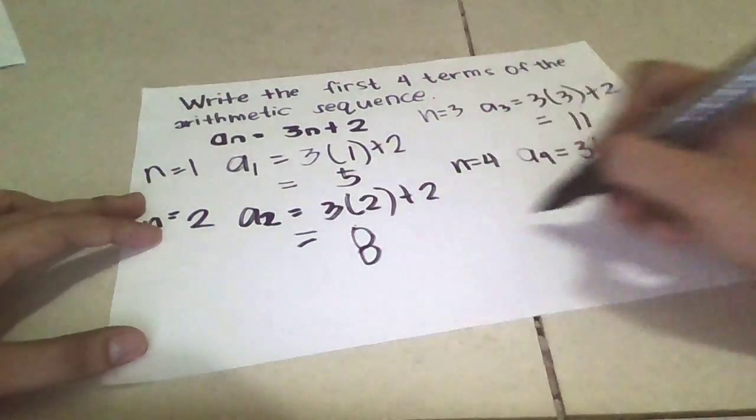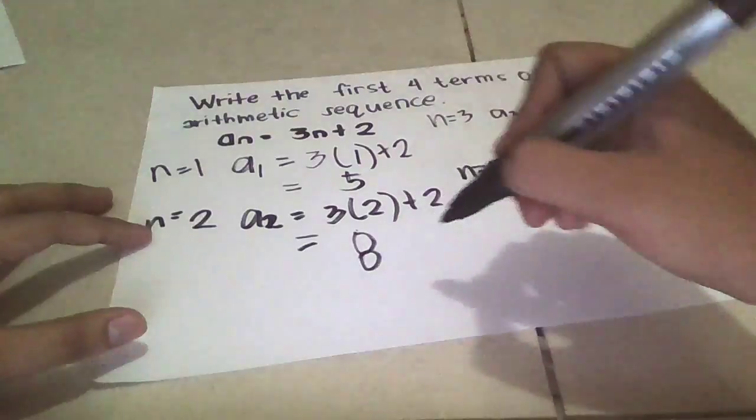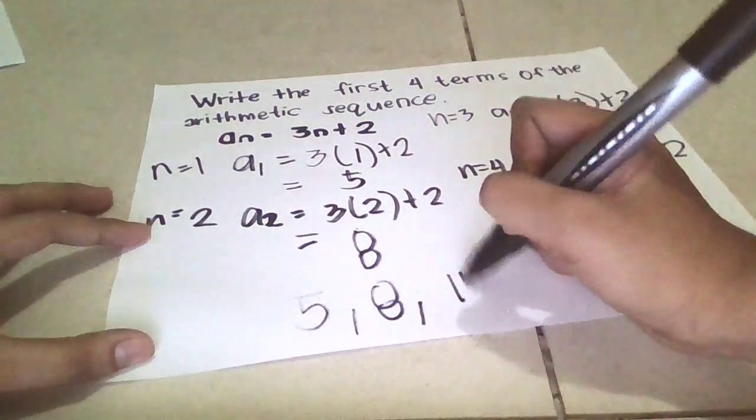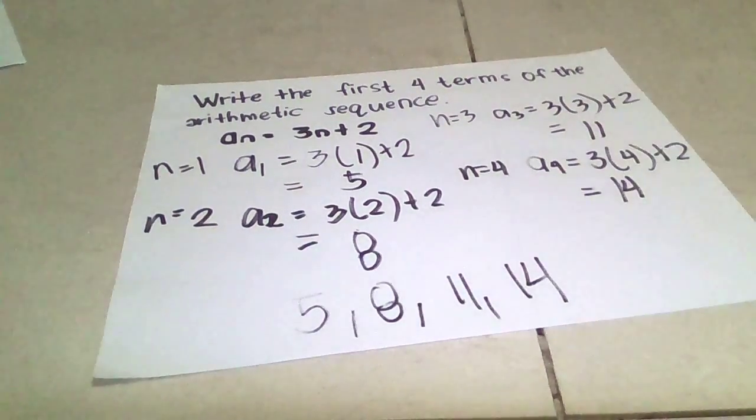So the first four terms of the arithmetic sequence here are 5, 8, 11, and 14.